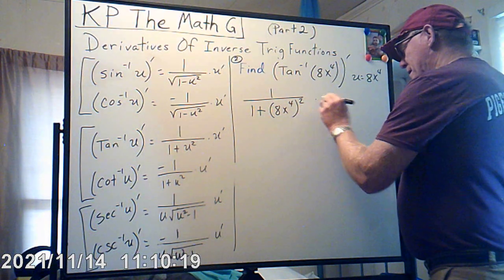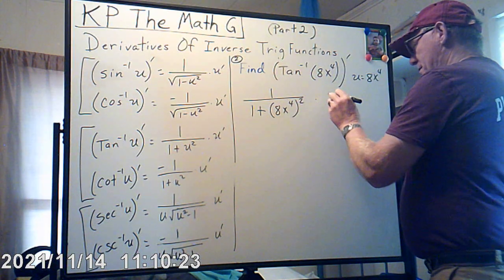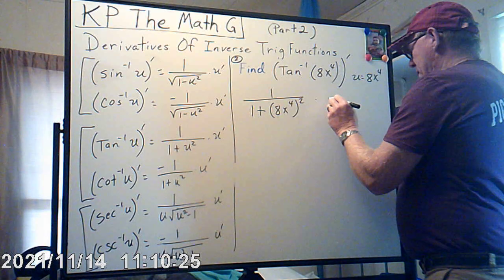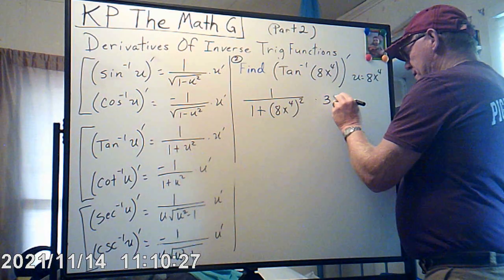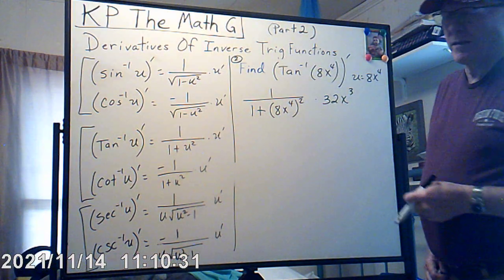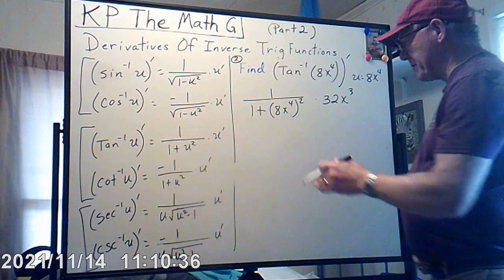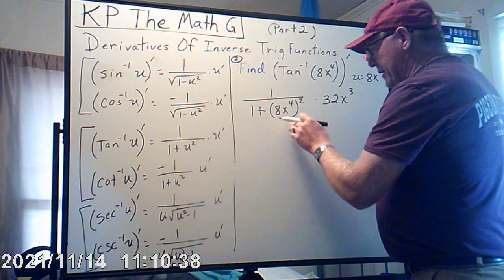That's part of it. And now we're just going to take the derivative of 8x to the 4th and put it over here. That's going to be 32x cubed. And then that's basically it right there. We do need to probably clean this up a little bit.